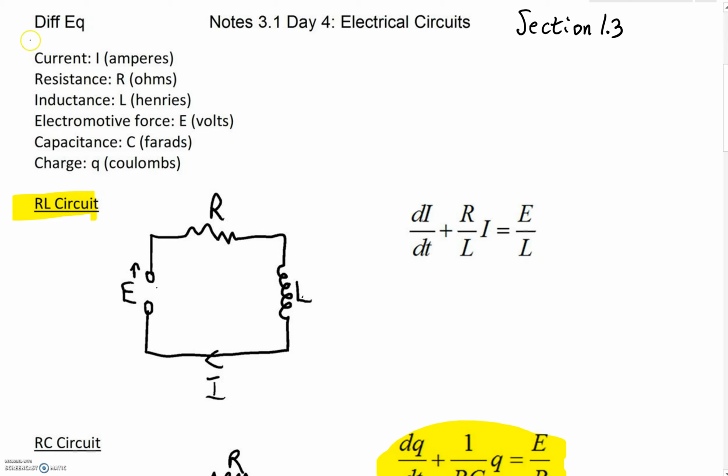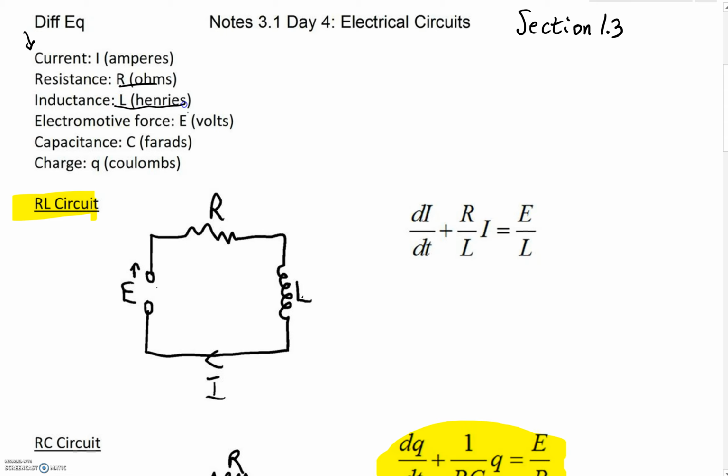So, a couple of things to remember. Current is usually represented by the variable I. It's measured in amperes. Resistance usually looks like a sawtooth. It's R for ohms. Inductance, you can see a coil, usually like a little spiral right here.